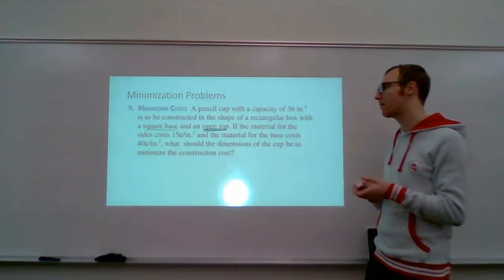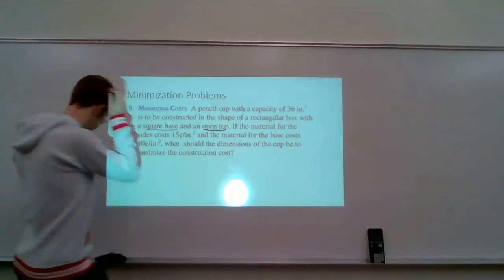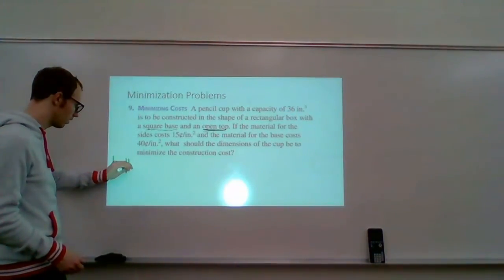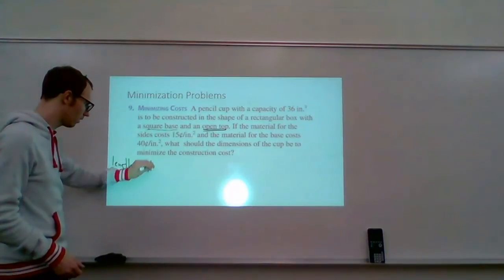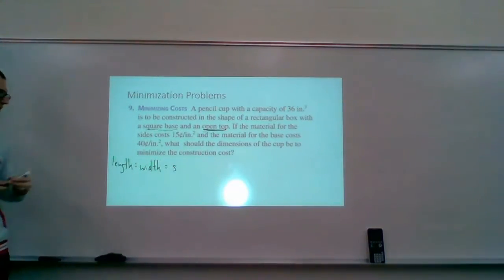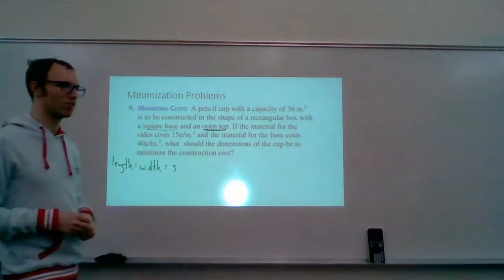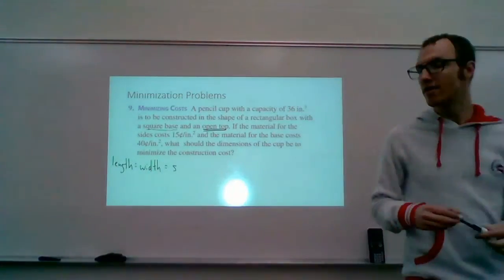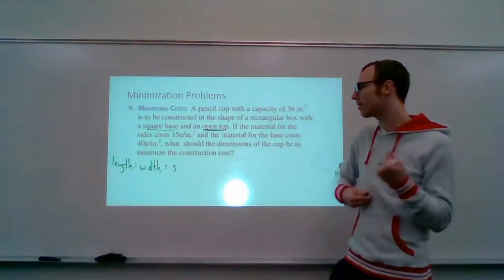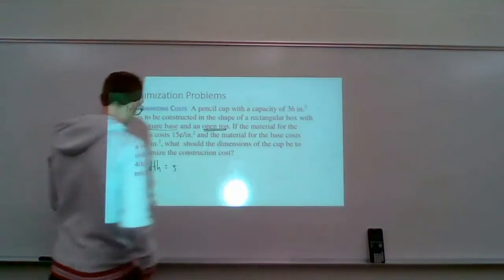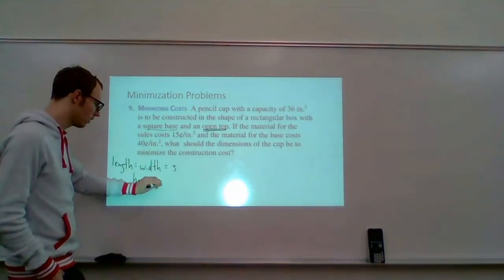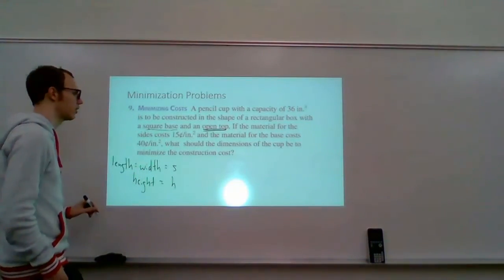The length and the width, maybe I'm going to say S, which is equal to S. Okay, just for a side length there. So we've got one variable, which is S, which represents both the length and the width. And we'll say that the height is H.